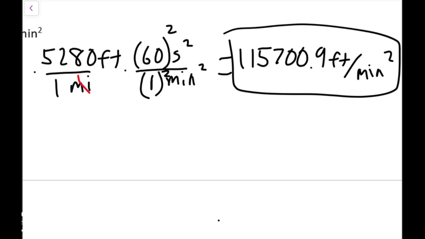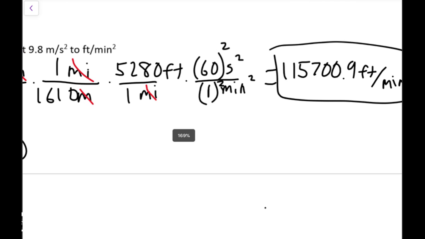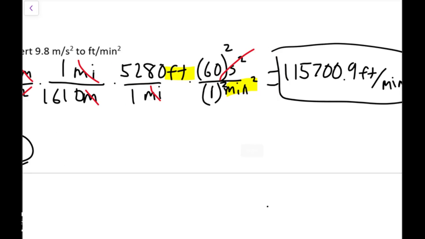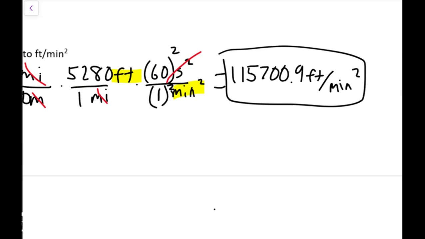And again, just looking at the units here, you can see that the second squared here cancels out with the second squared here. And so what we're left with is the feet and the minute squared, which is what we have here. Okay, so that's dimensional analysis, and that is review sheet number 1.